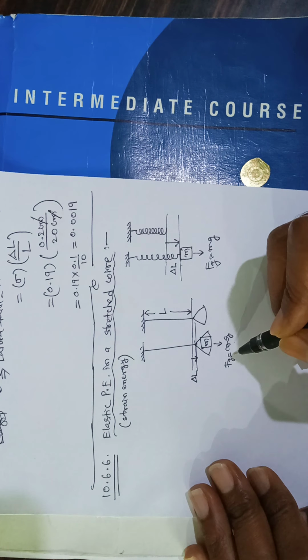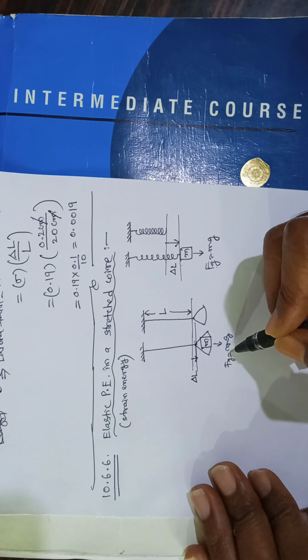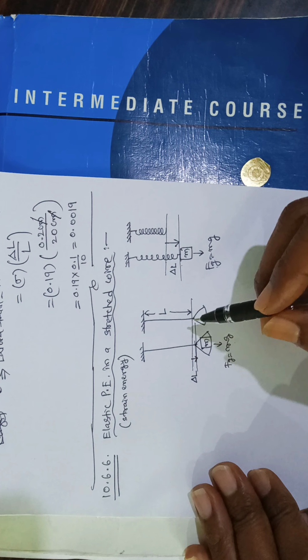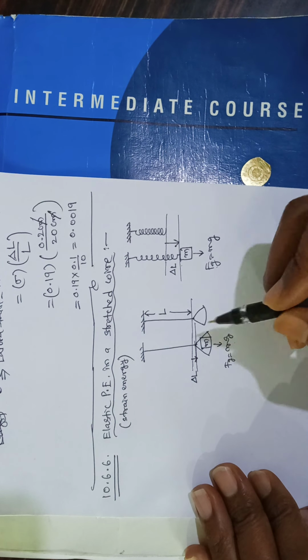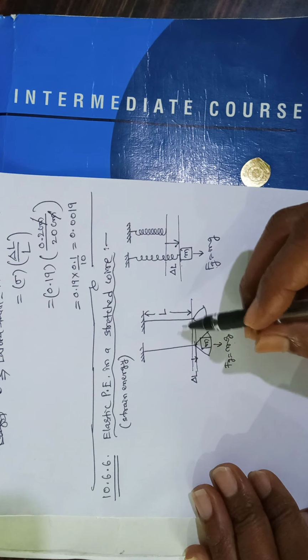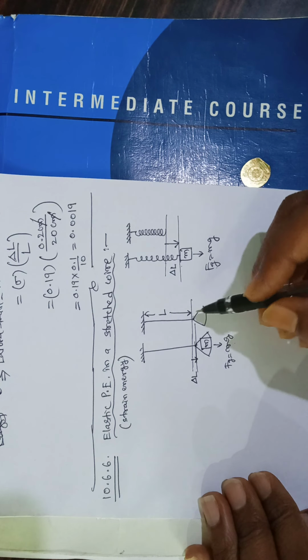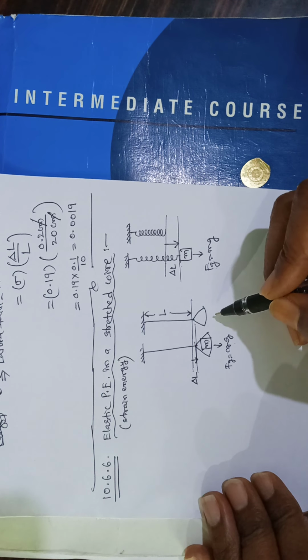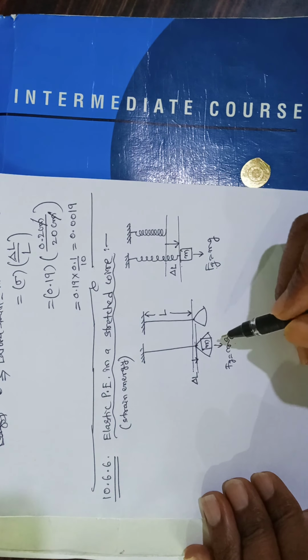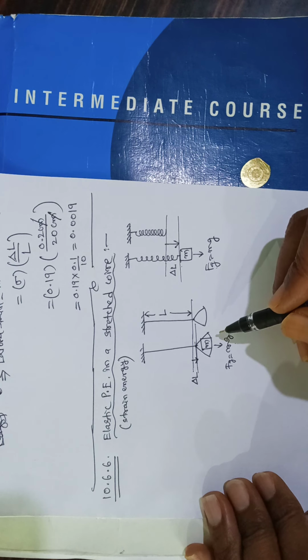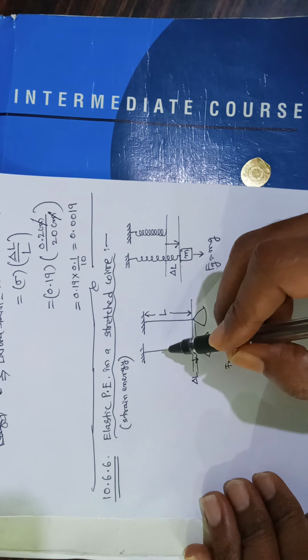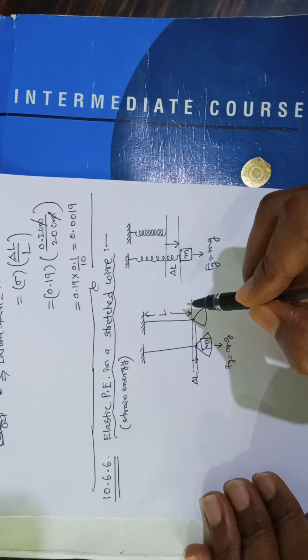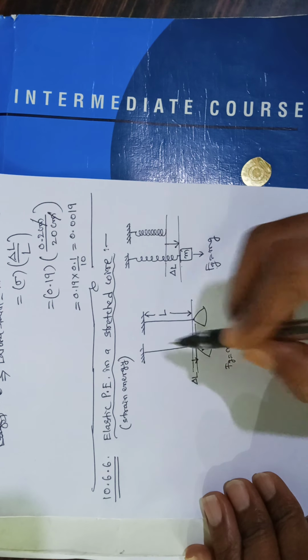Gravitational force. So gravitational force caused extension in the wire. It means some force is applied and that force produced some extension. It means the gravitational force did some work. So the work done by the force in stretching the wire is stored as elastic potential energy inside the wire, or it is stored as strain energy inside the wire.